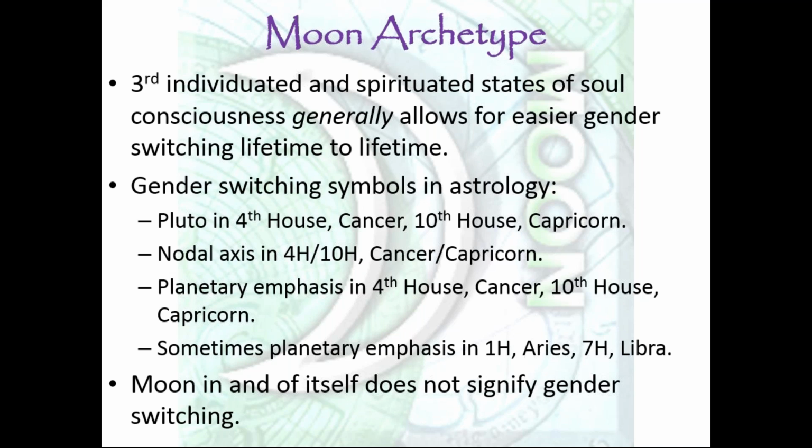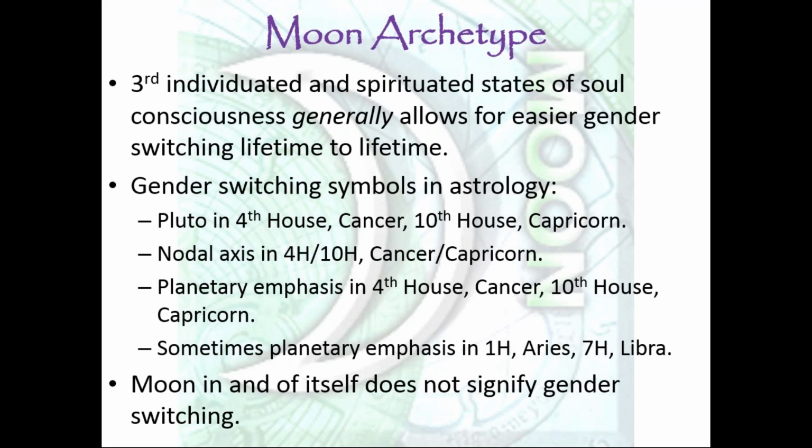Now, specifically, the moon in and of itself doesn't signify gender switching. It could be part of some symbols of it, but it's not the only symbol. In evolutionary astrology, we look to gender switching when we see Pluto in the 4th house or Cancer, 10th house or Capricorn, or we see the nodal axis in the 4th, 10th house, either direction, or we see it in Cancer, Capricorn, either direction.